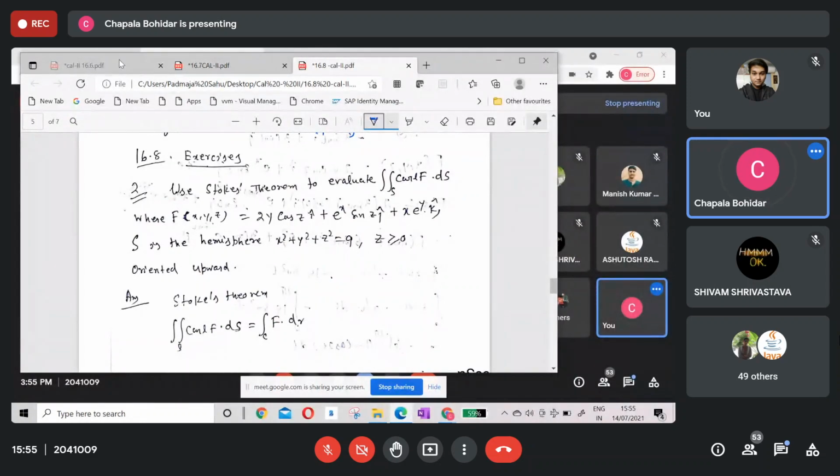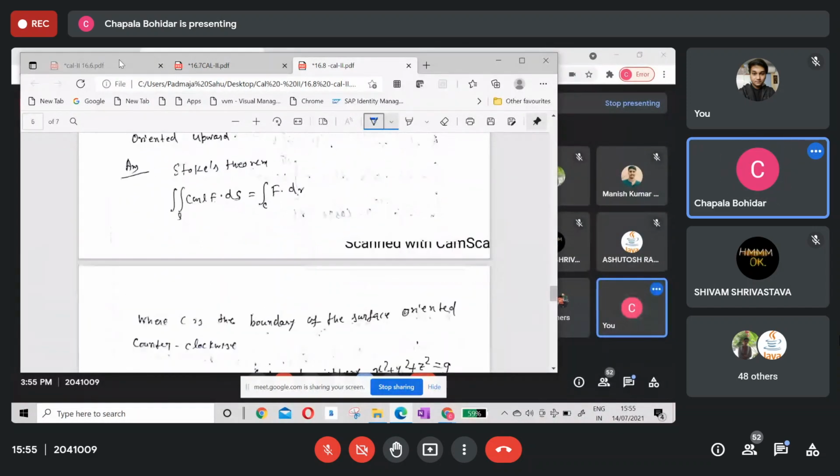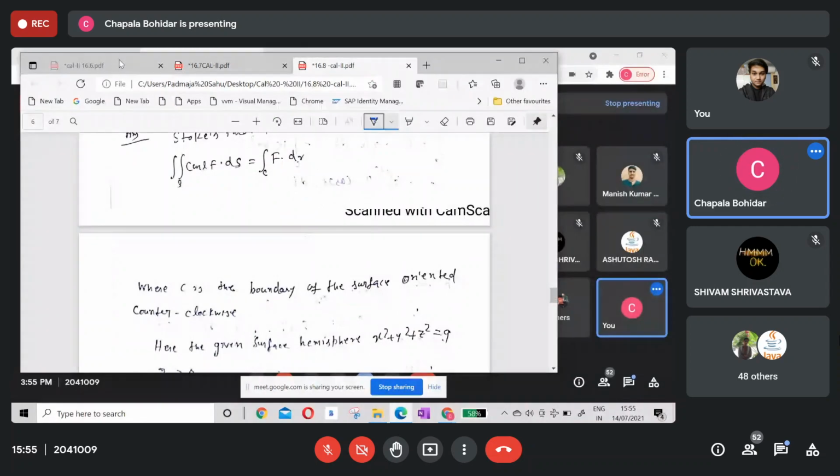So I can write down Stokes theorem: the double integral over the surface of curl of F dot dS is equal to the line integral over the curve C of F dot dr. That is our formula, where C is the boundary of the surface oriented counterclockwise.